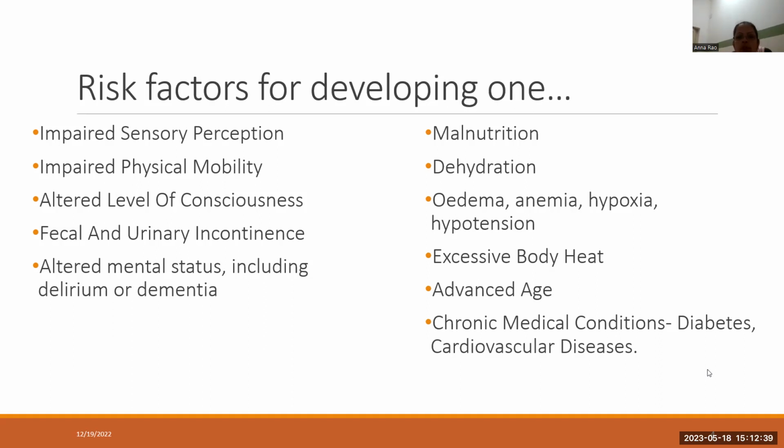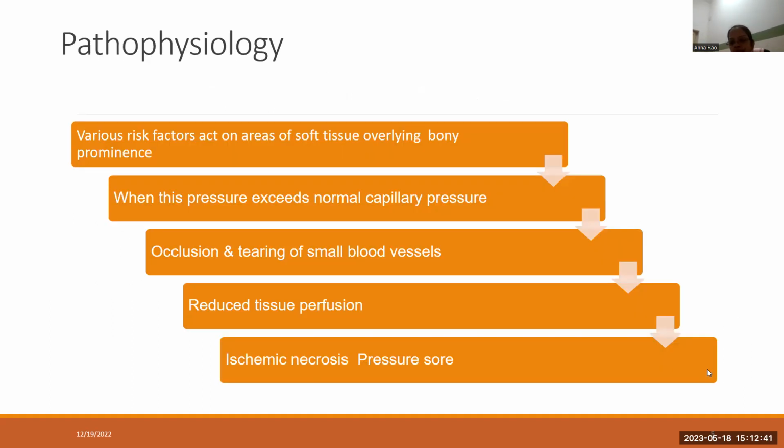Okay, so now let us move to the pathophysiology. The first being the cause that we have just looked at, the various risk factors. These risk factors would be acting on the areas of soft tissues which are particularly lying above bony prominences, where the tissue layers will be very less.